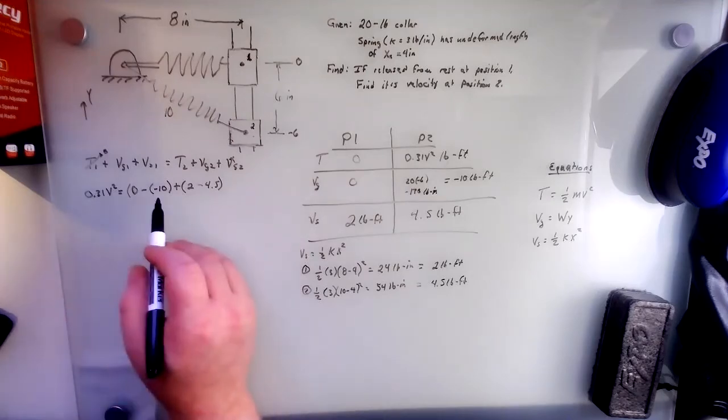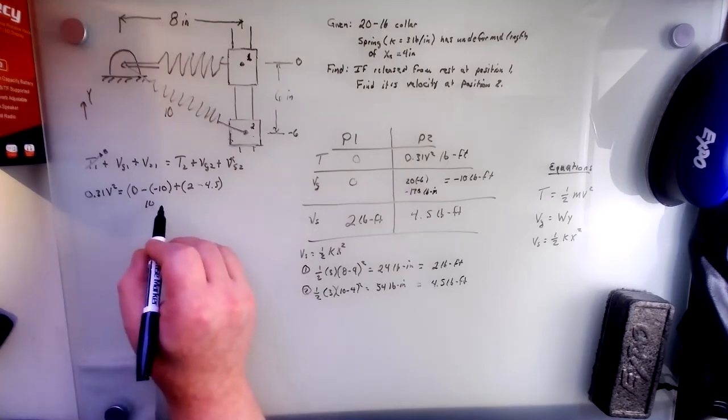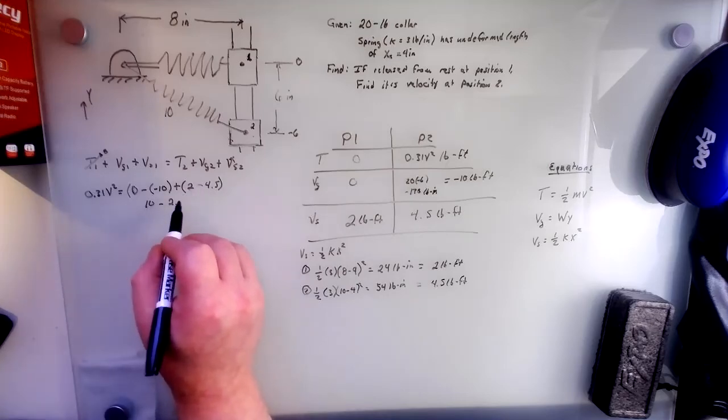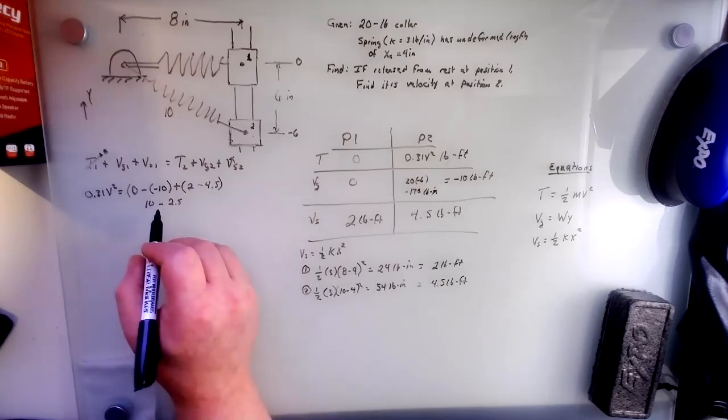What do we get? We get 10 minus 2.5, that is 7.5.